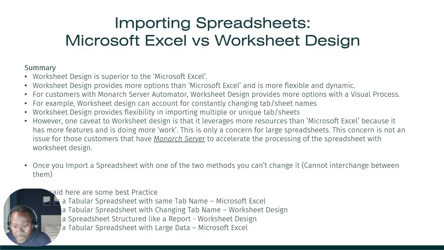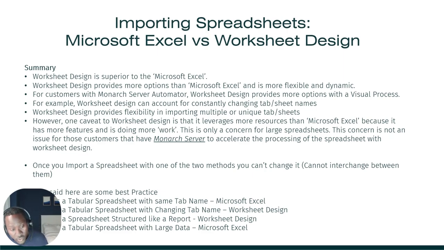If you don't have Monarch Server and it's a really big spreadsheet, you're almost challenged to use Microsoft Excel just because it'll process faster, but it's not that big a deal, right? I probably would still use the worksheet design, but if I find that worksheet design takes a longer time to load, then I'll try to make it work with Microsoft Excel.